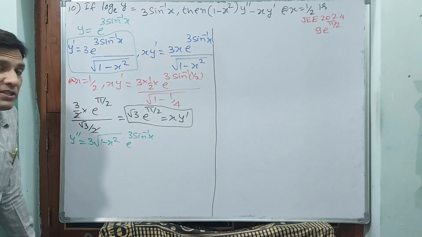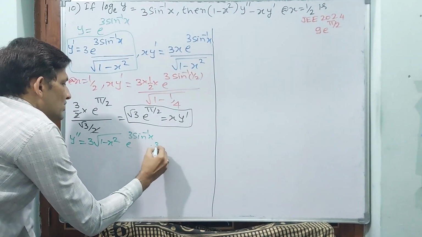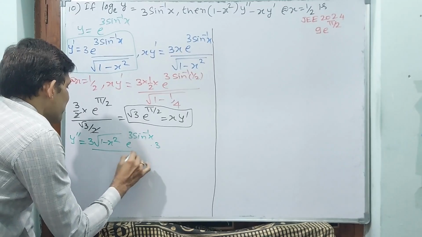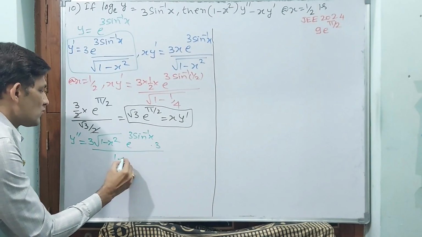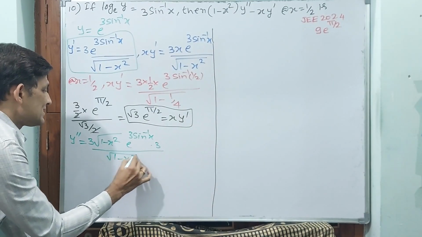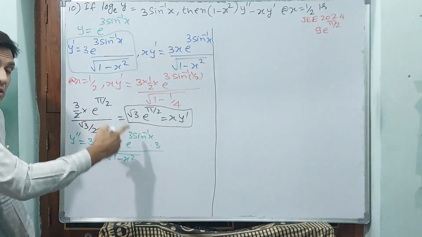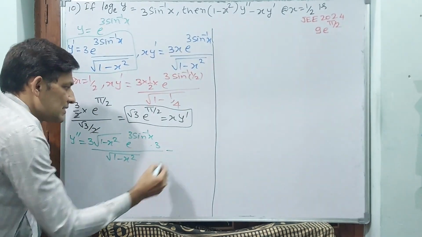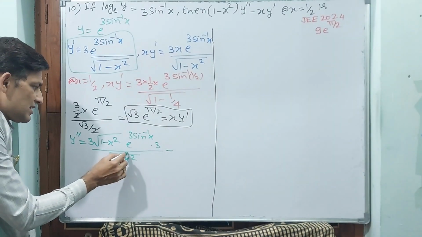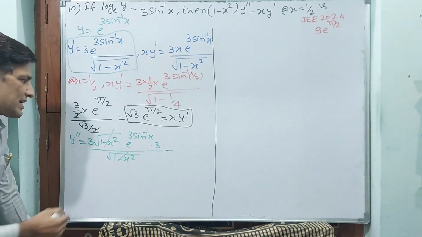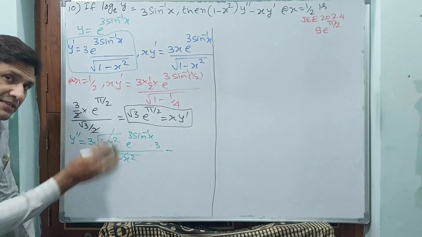Again d by dx of 3 sin inverse x is 3 by under root of 1 minus x square. And d by dx of x is 1. Okay, see here 1 by x square, 1 by x square going to get cancelled out. 3 into 3, 9 is going to become, that is afterwards.